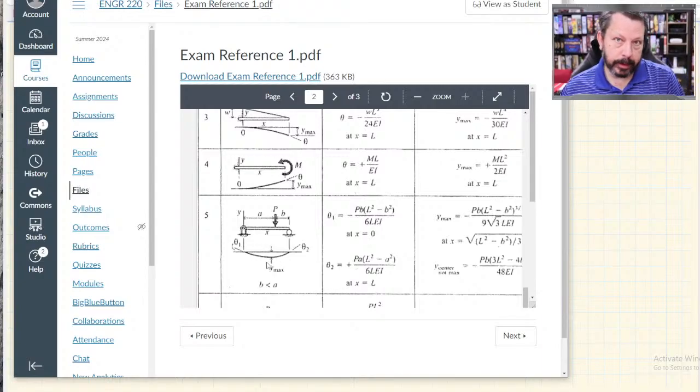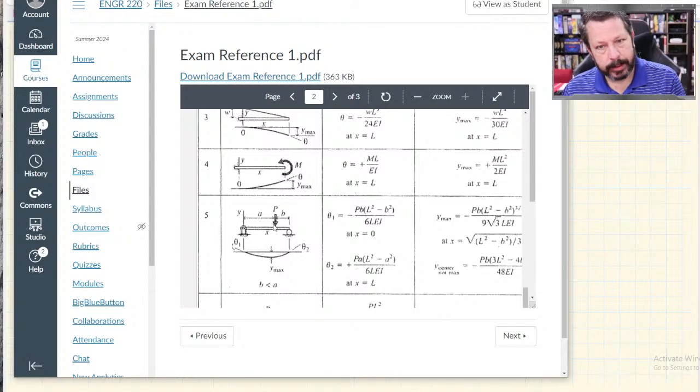The other chart that we were looking at earlier doesn't show this, but the point load is not where the maximum deflection occurs when you have an offset point load. When you have a centered point load, the maximum deflection is right under the point load. But when you have an offset one, they're not lined up exactly. This version, the one from your book, actually shows that the Y max is not underneath the point load.